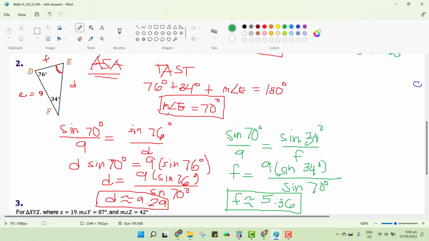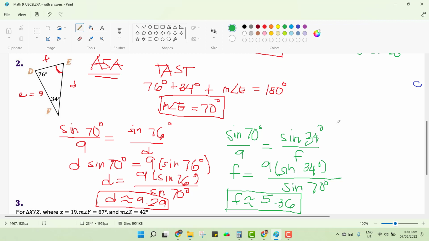Before we proceed to number 3, which is our last example for this practice exercise, how do we know if our answers are correct? Okay, we just need to depend on our learning in grade 8 where we identified that the bigger the angle on a triangle, the longer the side.